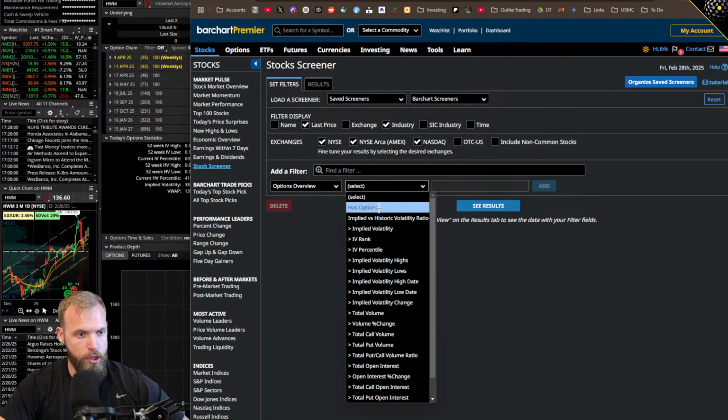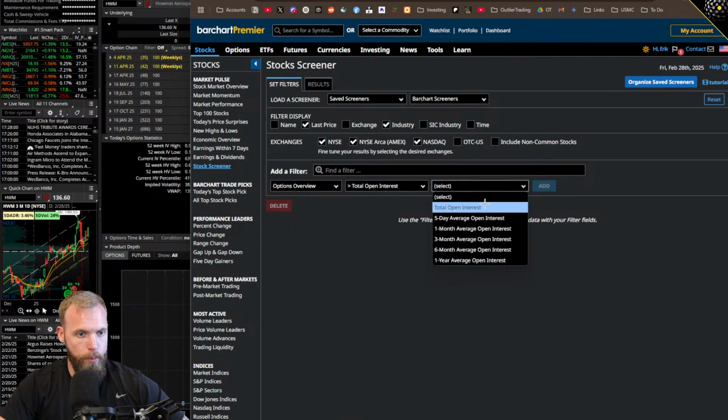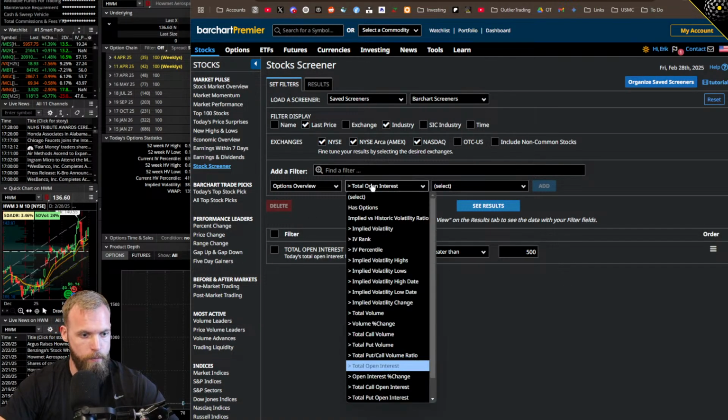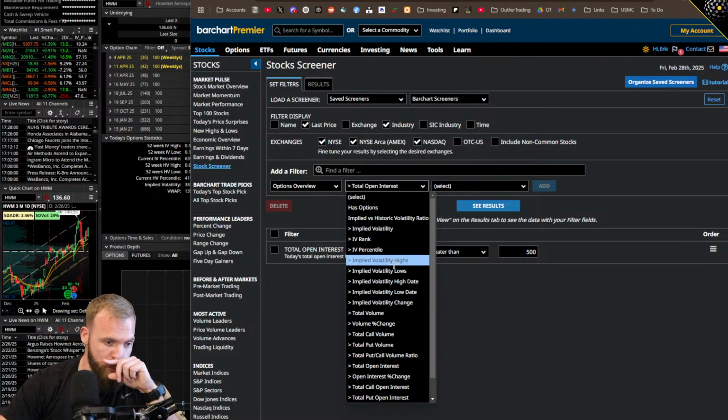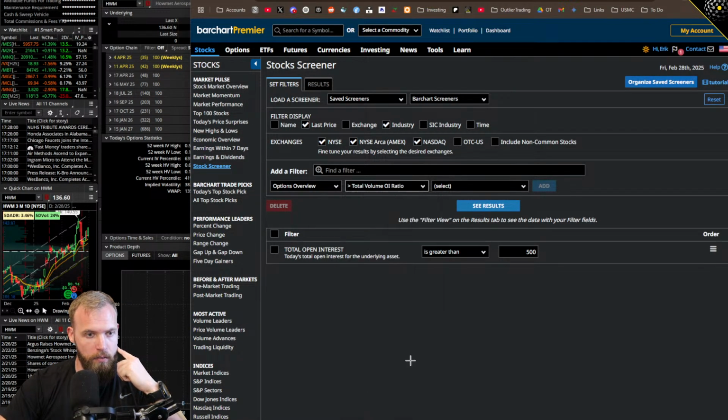What I'm going to do is first filter by open interest. We want open interest to be greater than 0, probably 500 at least, so that we're not trading super, super small stuff. And then what I want to do is actually look at changes in volume to OI.